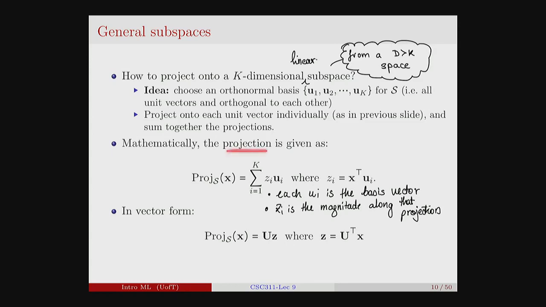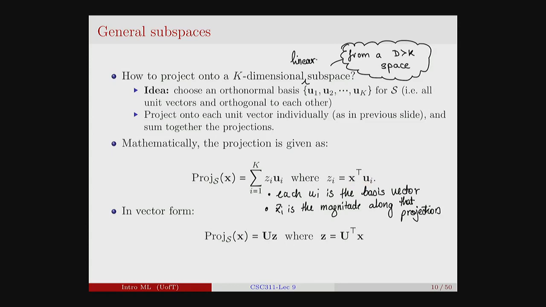So mathematically, this projection of x onto S is going to be given to us by a summation over k unit vectors, where each of the magnitudes of how much that unit vector changes is going to be x transpose ui.